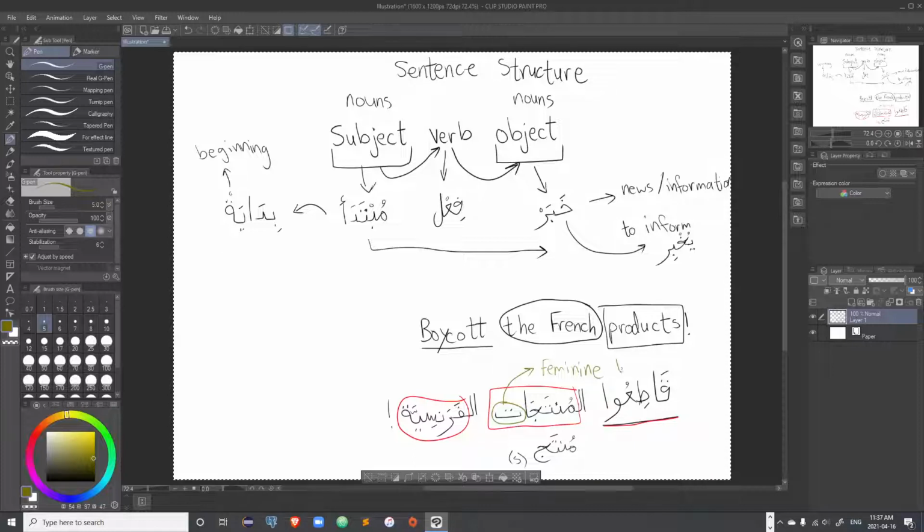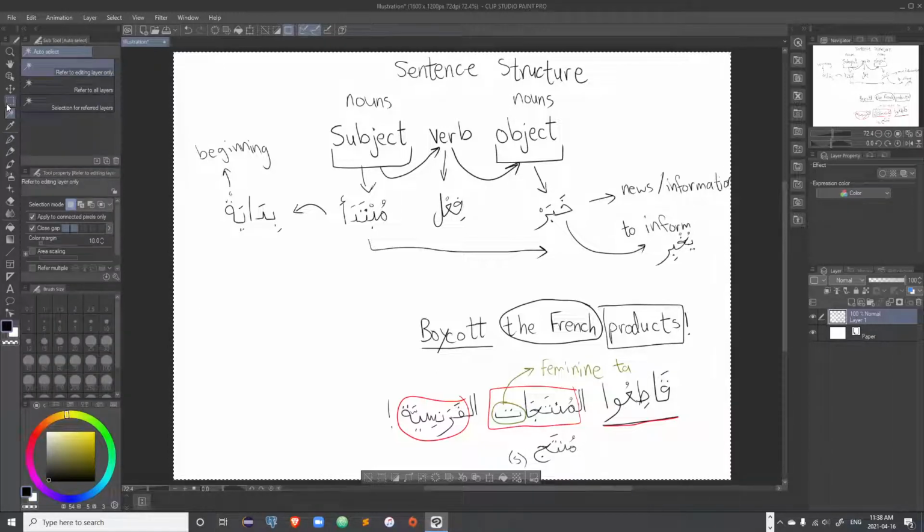Feminine ta. Okay, let us go back to black. Well, what if I want to say even if they apologize? So boycott the French products even if they apologize. So let me try this and see what happens.